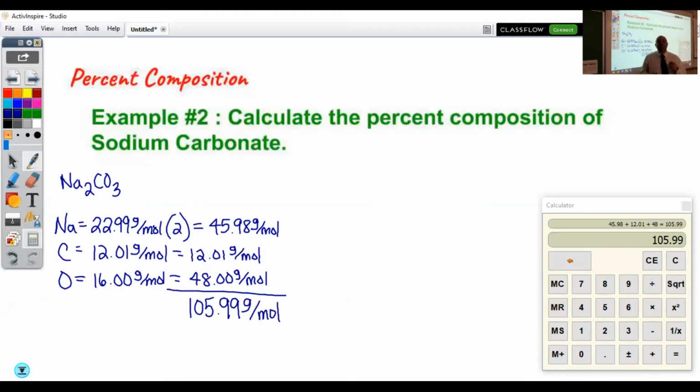Now, my goal is to find out the percent for each element. So I'm going to put each of my 3 elements over the total. So first, my percent sodium is going to equal 45.98 grams per mole divided by 105.99 grams per mole times 100.